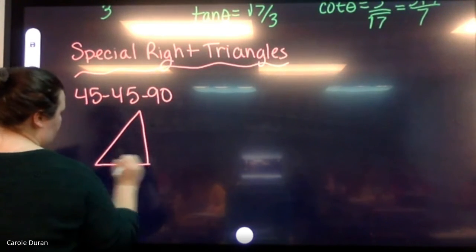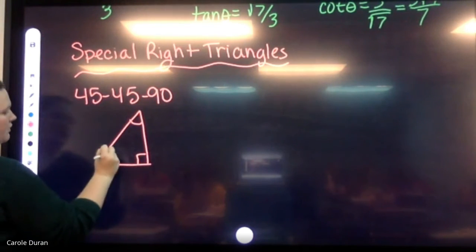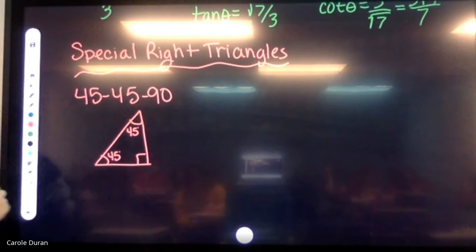Okay, so on a 45, 45, 90 degree triangle, my two acute angles are both 45 degrees, and of course my right angle is 90 degrees. Because both of my acute angles are 45, what do I know about the sides across from them? They're also the same, right?